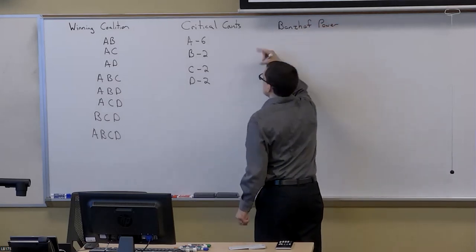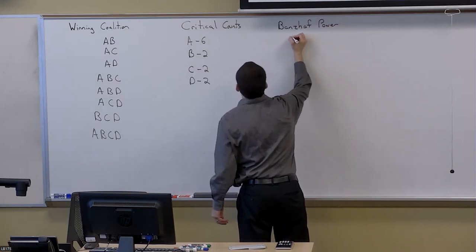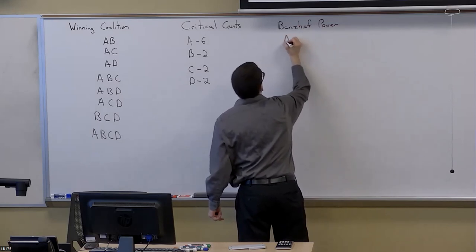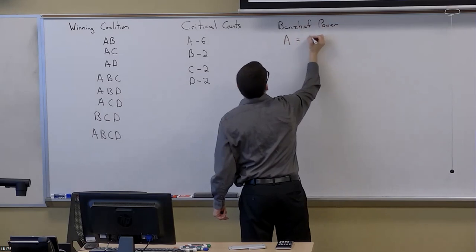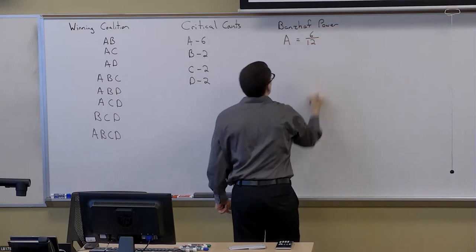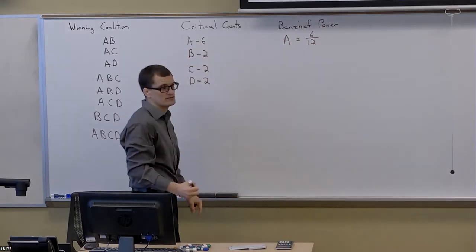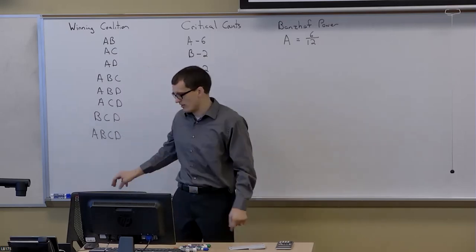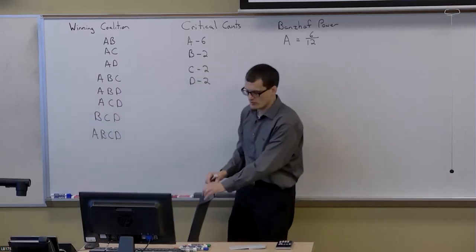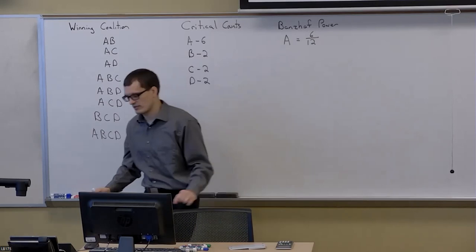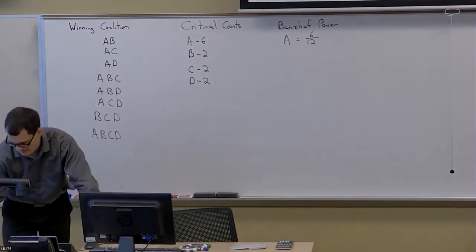For this system, A would have a Banzhaf power index of 6/12. 6 over the total of my critical counts, which is 12. So of all the times voters were critical, A was critical 6 out of the 12 times.